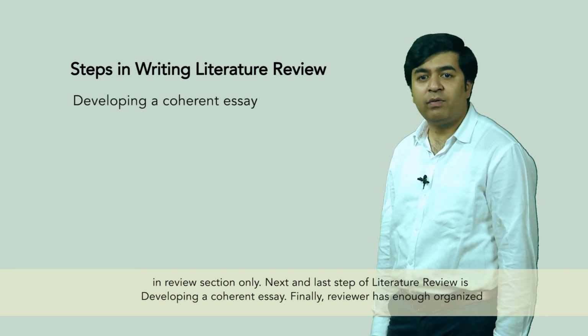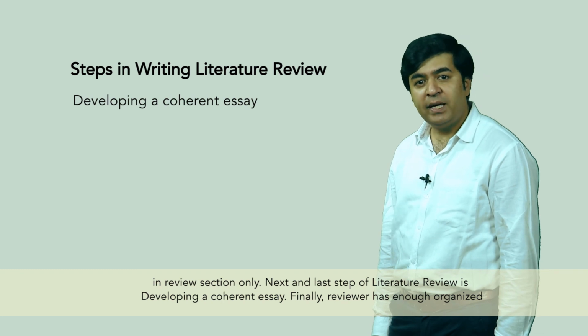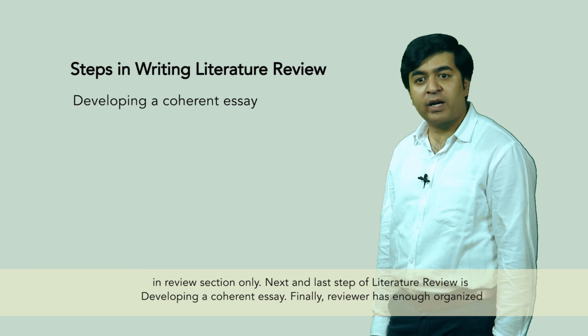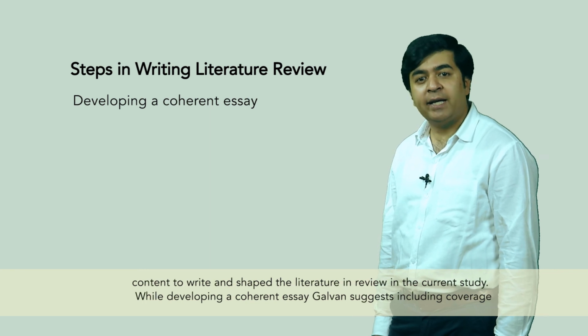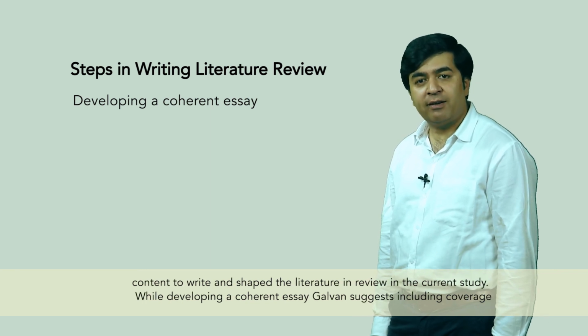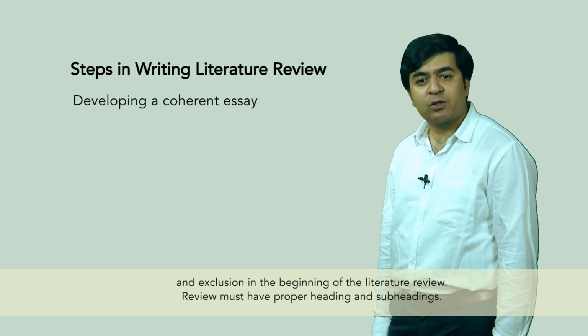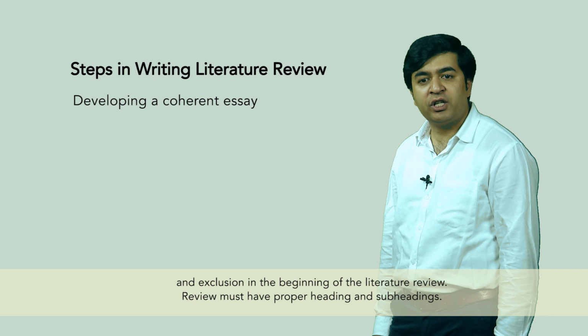The next and last step of literature review is developing a coherent essay. Finally, the reviewer has enough organized content to write and shape the literature review in the current study. While developing a coherent essay, Galvin suggests including coverage and exclusion in the beginning of the literature review.